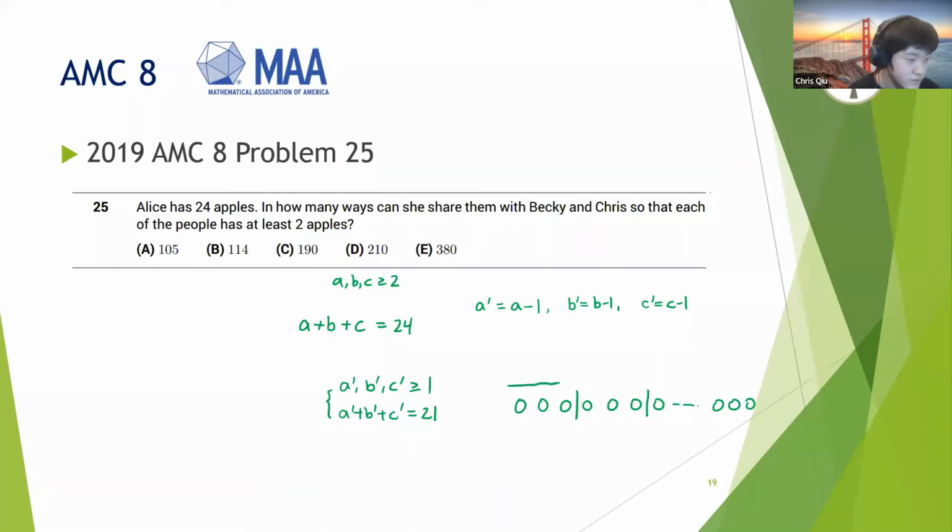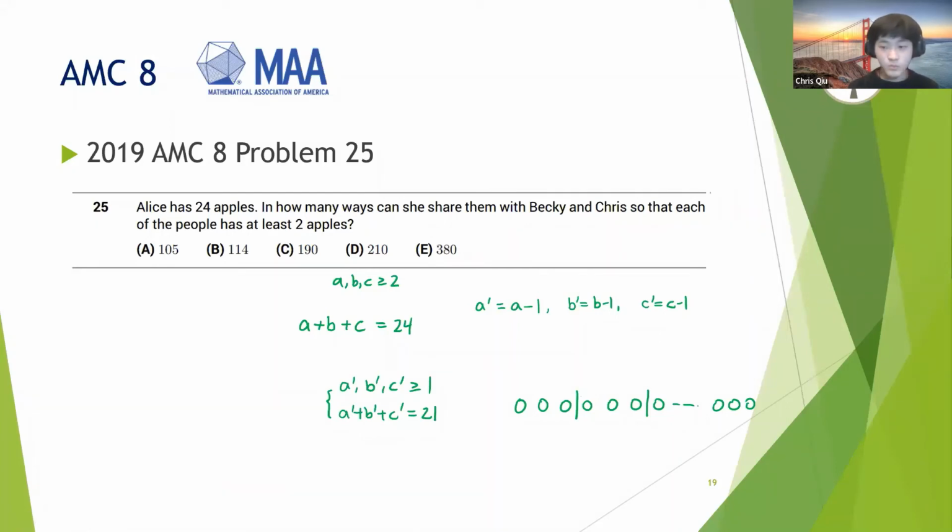The first part is determined by where the first stick is. The second pile is going to be between the first stick and the second stick, and then our last pile is going to be the pile that's after the second stick. And we want each of these piles to have at least 1 stone.